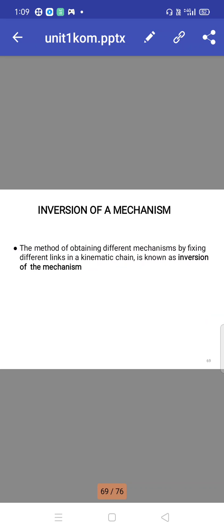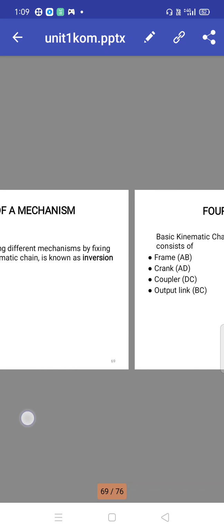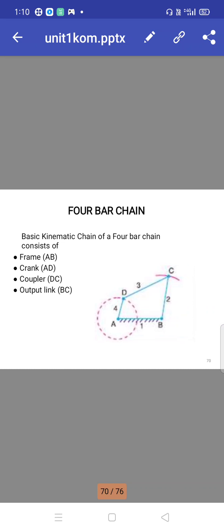The inversions of mechanism. The method of obtaining different mechanisms by fixing different links in a kinematic chain is known as inversions of mechanism. It's a 4-bar chain, the basic kinematic chain of a 4-bar chain: frame AB, crank AD, coupler DC, output link BC.